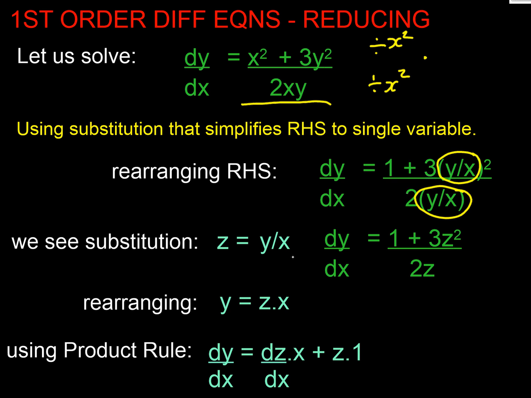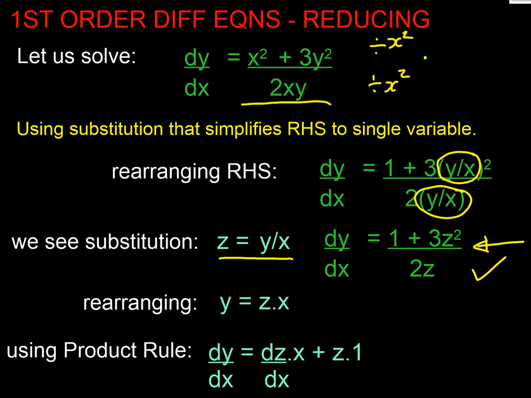And if I use the substitution z equals y over x, I could rewrite the right hand side as 1 plus 3z squared over 2z. So I've sorted out my right hand side and it's entirely a function of z.